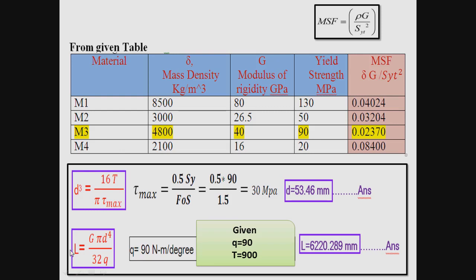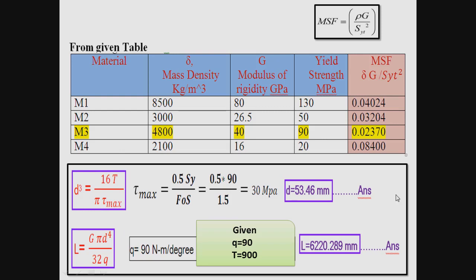And if you want to find the length, substitute in this length equation, which we already formed in the previous slide. G is the modulus of rigidity, equal to 40 into 10 raised to 9. If you want to substitute values in meter, substitute all values in meter. If you want to substitute in mm, substitute all values in mm.